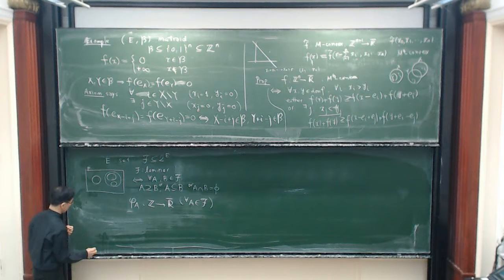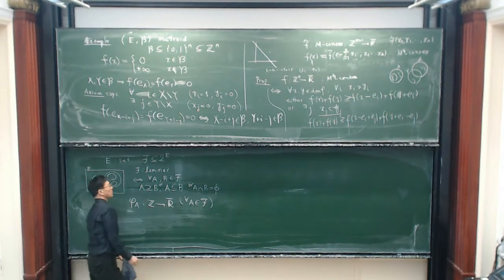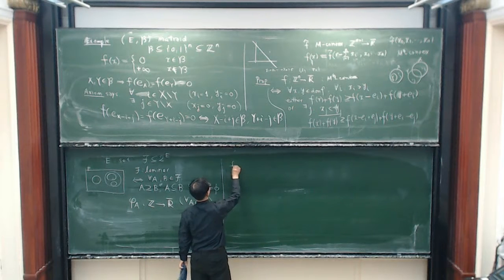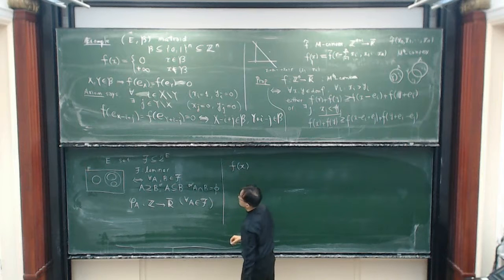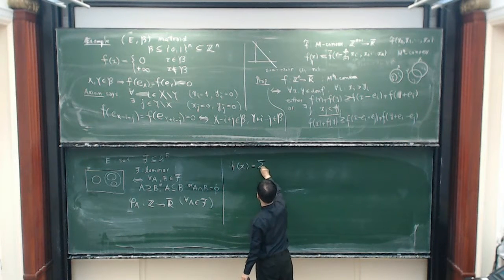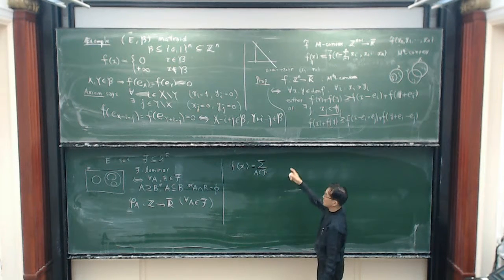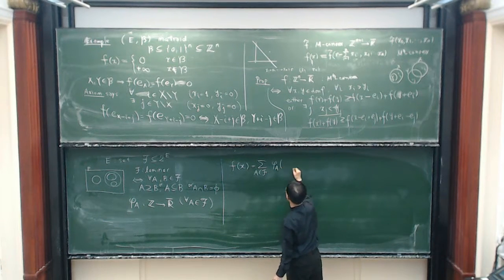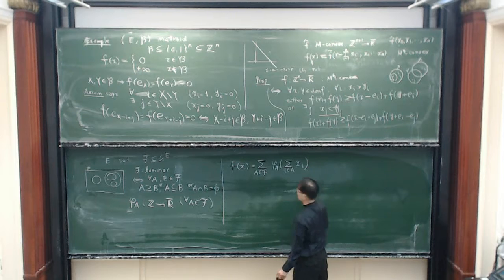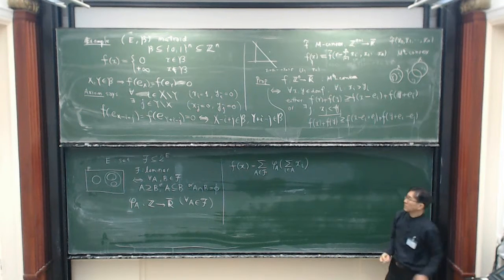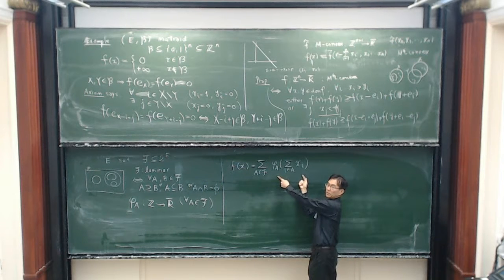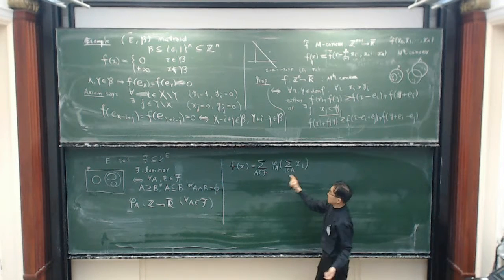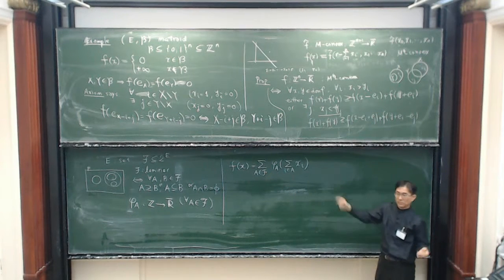Now I make the following construction: f of x is the summation over all members in this family, and for each member we have the convex function, but the argument here is the sum of the components in A. And so each of these is a convex function in the ordinary sense, and so the sum of convex functions is a convex function.